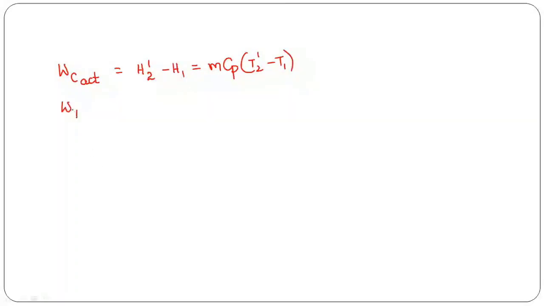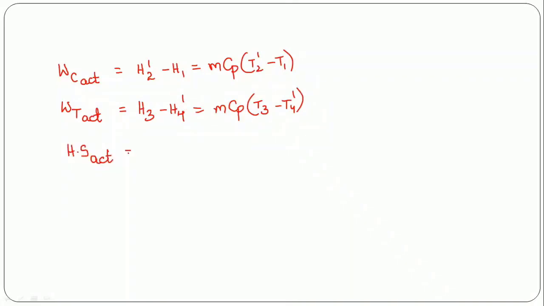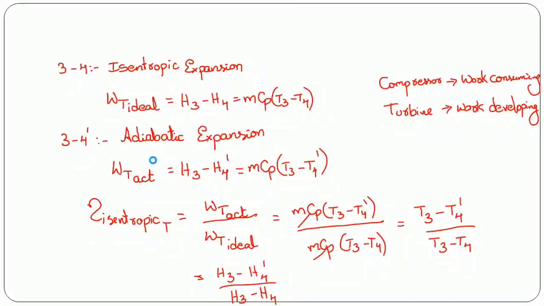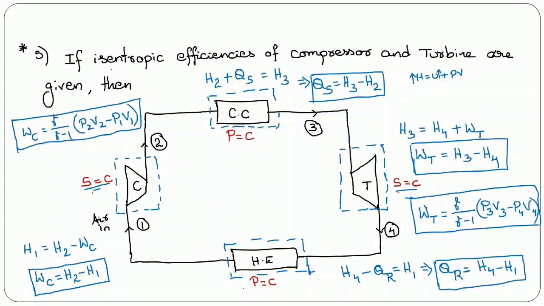Then work developed by the turbine actual. So work developed by the turbine actual is H3 minus H4 dash, which is mCp into (T3 minus T4 dash). Then heat supplied also we need to consider actual.